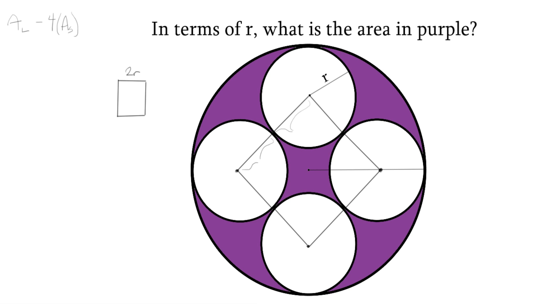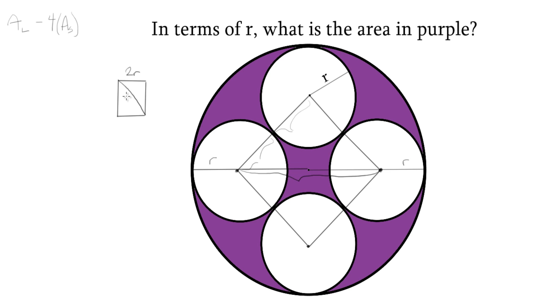Well, if you'll notice, if we take the extension of another radius of this larger circle, the diameter of this large circle is comprised of 1 radius length and another radius length, plus the length of the diagonal of this square of side 2r.